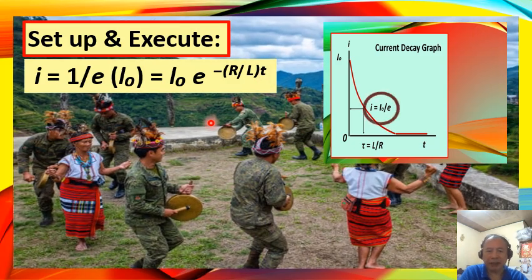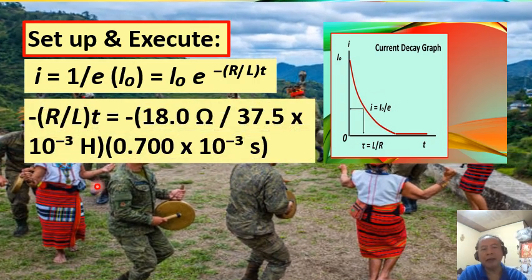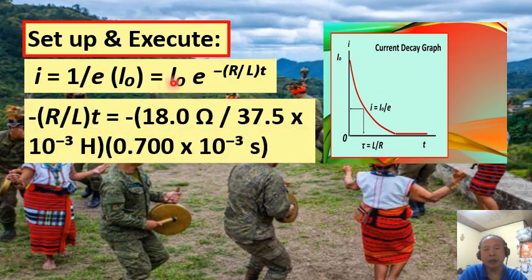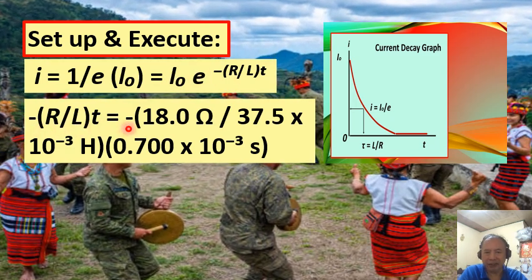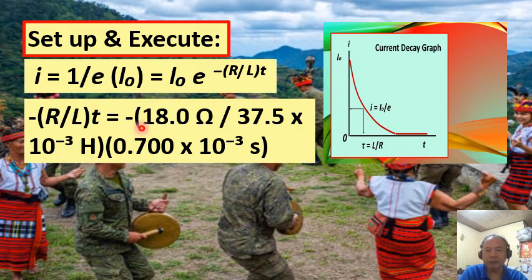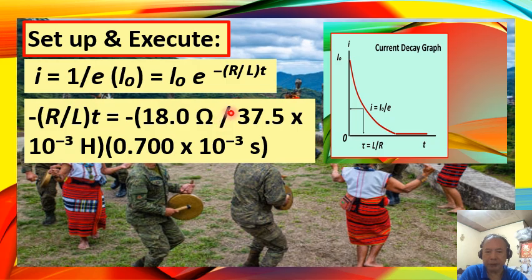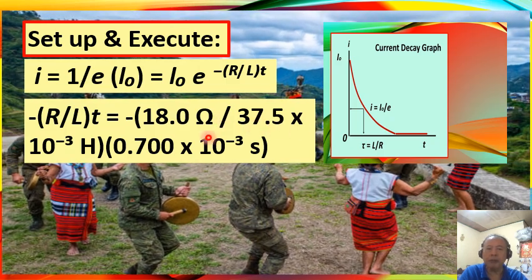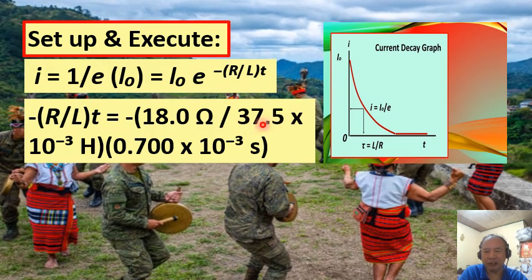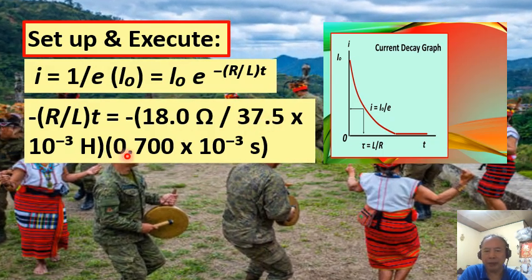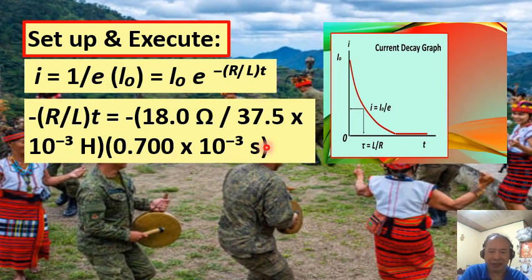For better clarity and convenience, we first calculate the value of Euler's number's power, or negative R over L times T. That is negative 18.0 ohms, that's the value of the big R, divided by 37.5 times 10 raised to the negative 3 power Henry, which is the given inductance, and then multiplied by the given time, 0.700 times 10 raised to the negative 3 seconds.